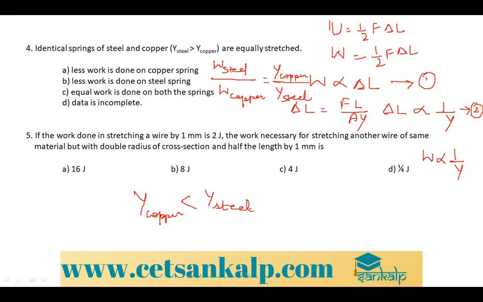Y copper is less than Y steel, so work done in steel is less than work done in copper. Basically from this we can say less work is done on steel spring.